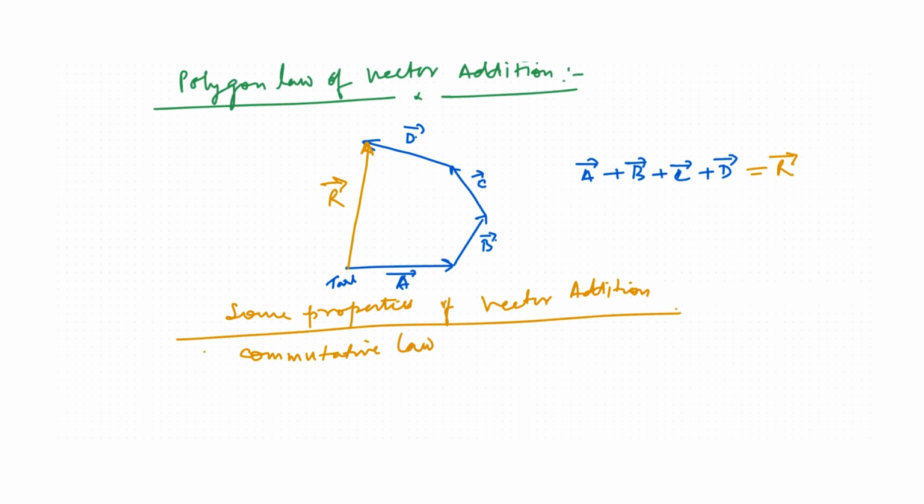So what is the commutative law? Vector A plus vector B is vector B plus vector A, right? So they follow the commutative law.